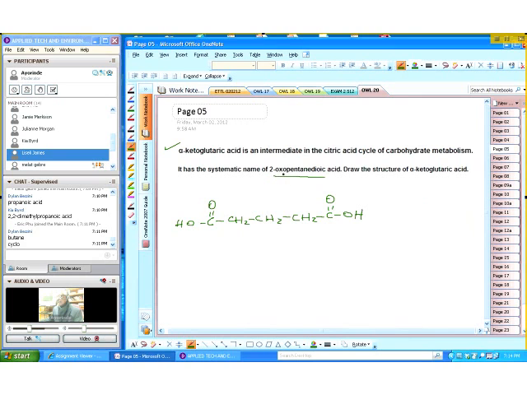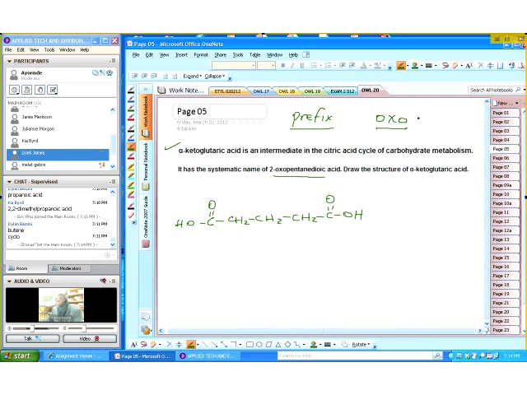Now, anytime you see the prefix oxo, this means carbonyl, same as carbonyl. So whenever a carbonyl is a substituent, we use the prefix oxo.